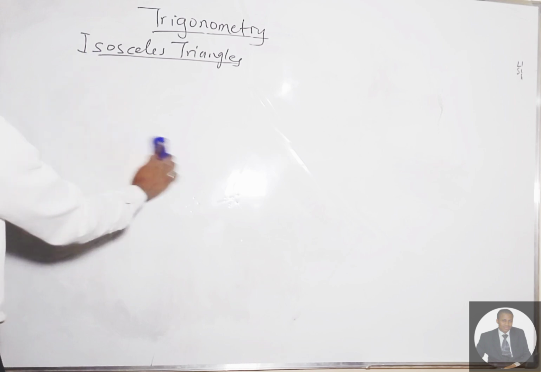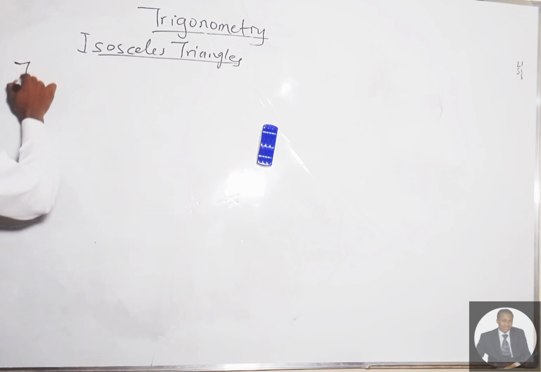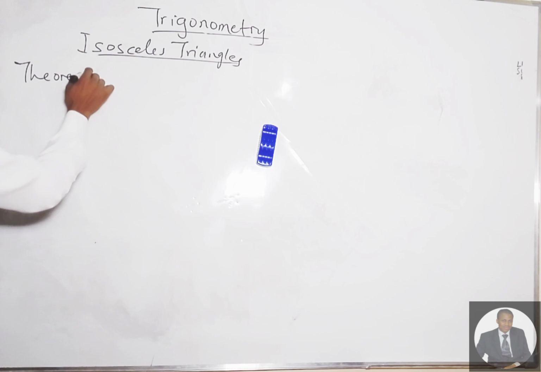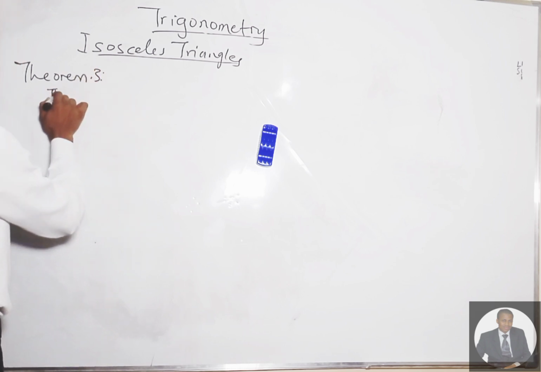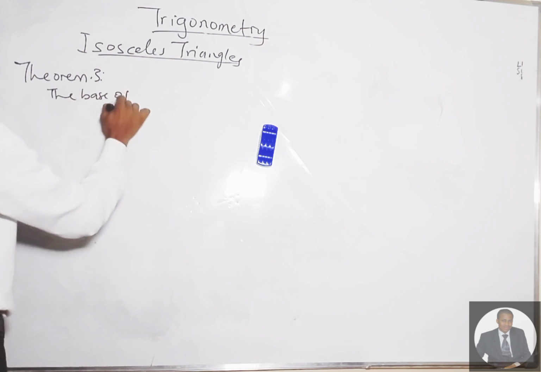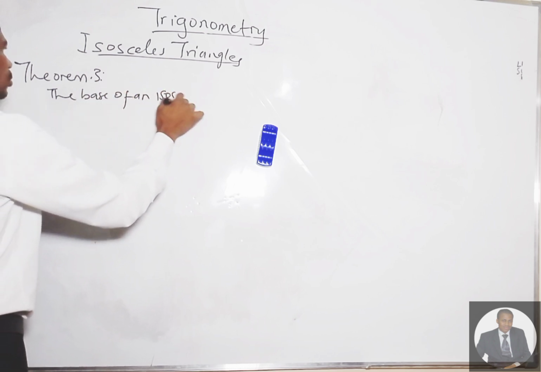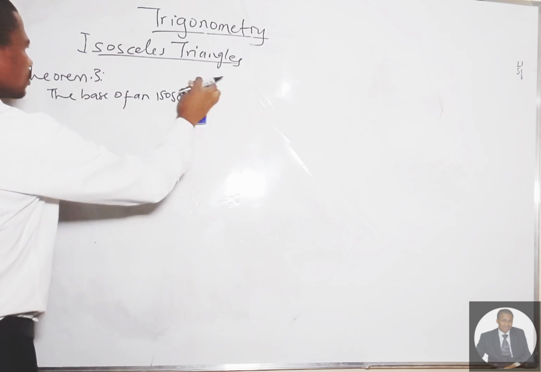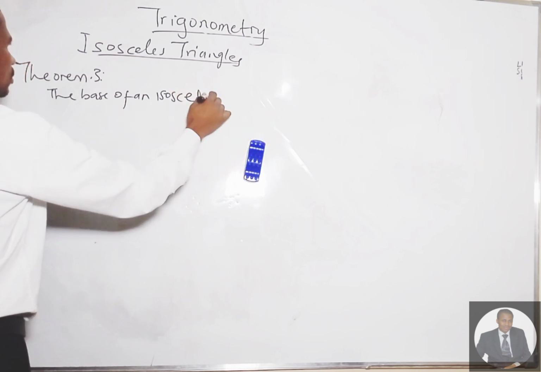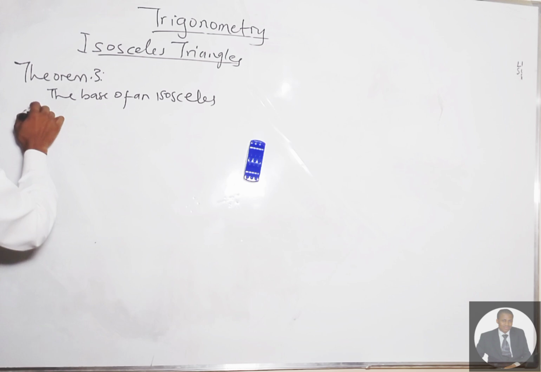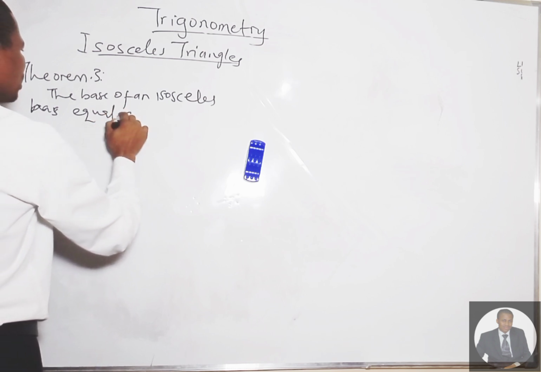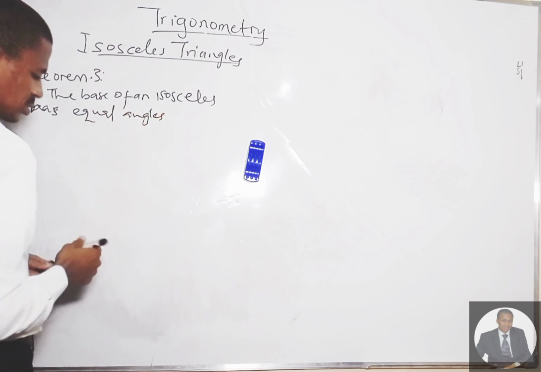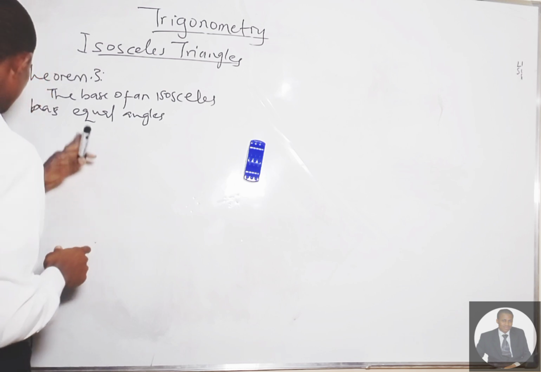There's a theorem that concerns isosceles triangles. The theorem states that the base angles of an isosceles triangle are equal.